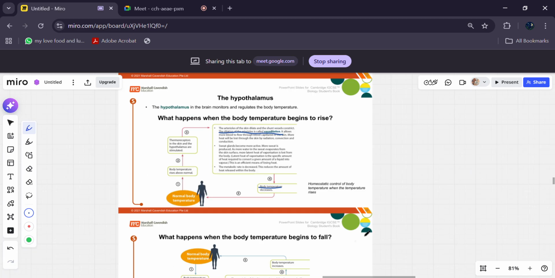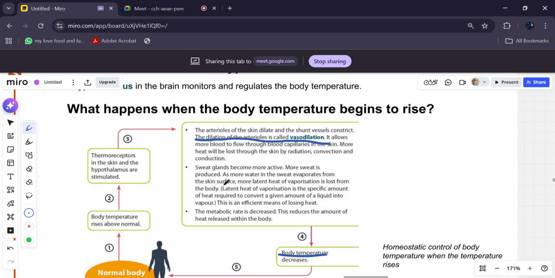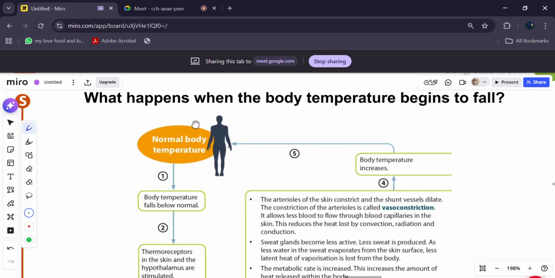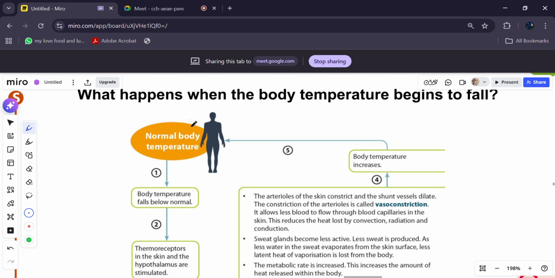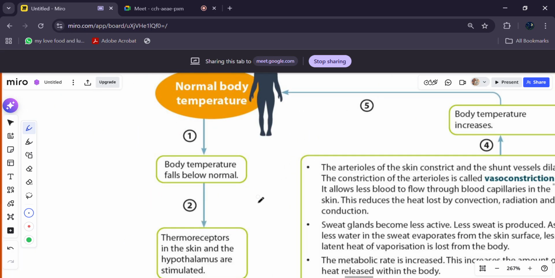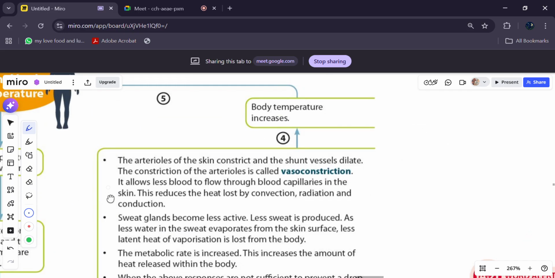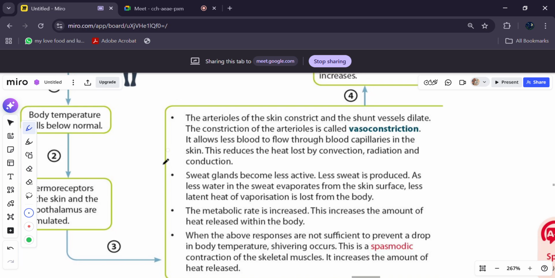This entire process is considered a negative feedback. So what happens when the body temperature begins to decrease? While the body temperature falls below normal, the thermoreceptors in the skin and the hypothalamus detect it and are stimulated.